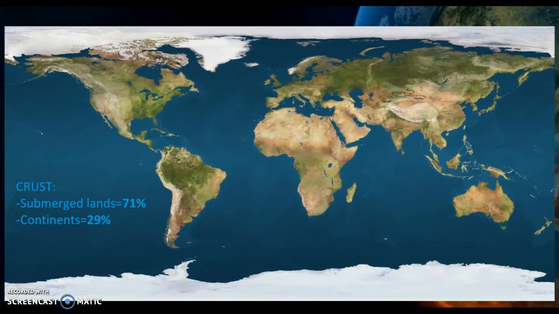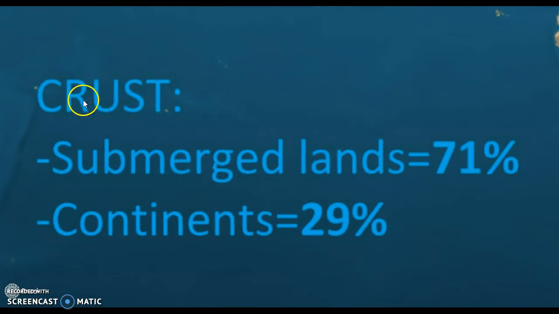Alright, let's turn the page to 25, and then we find the oceans and the continents. We have to take into consideration that most of the Earth is covered by water. For instance, all over the crust, submerged lands compose 75% of the crust, and continents compose 29%.